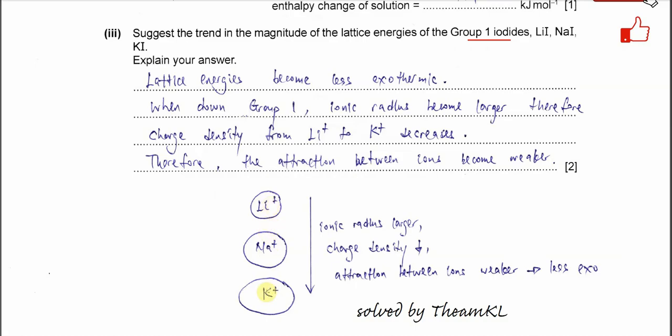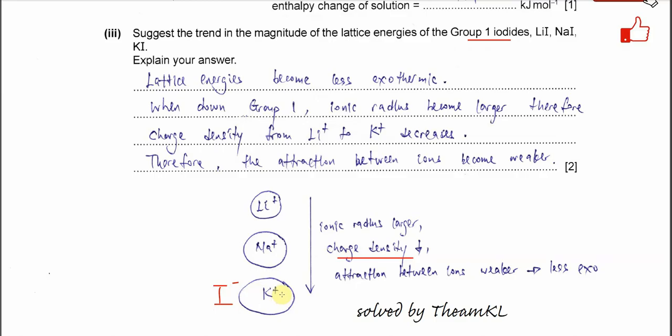Down the group, we know the volume is larger, so therefore the charge density is lower. This means the charge in the given volume is less: the volume is larger, the charge is still the same. So we say that the density of the charge is lower. When the charge density is lower, the attraction between the cation and the iodide is weaker.